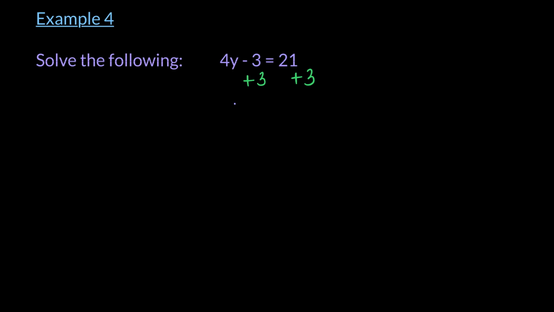So we still have 4y on the left equals 24 on the right. If we know that 4 times y, or 4 lots of y, is equal to 24, to find what 1y is, or y on its own, you just divide both sides by 4. That leaves you with y equals 6.